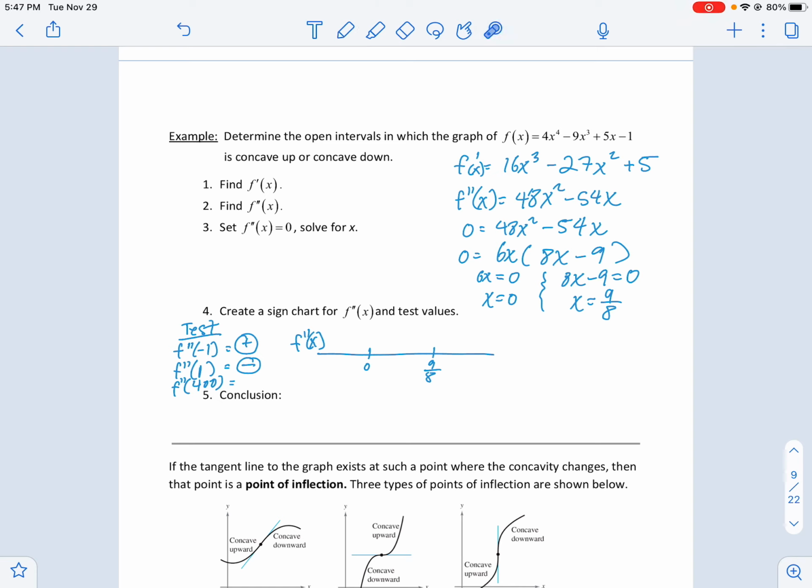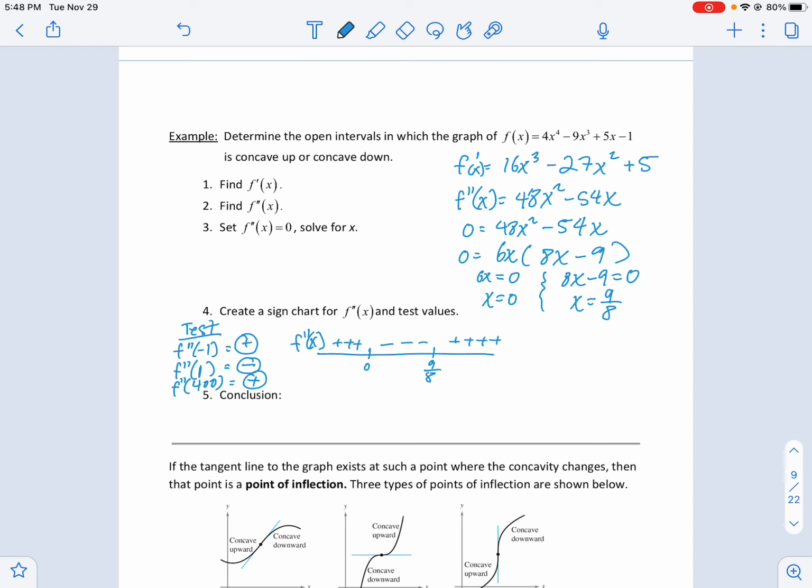It's very small. So it's going to be a positive number when I plug in 400. So put those values into my chart, and let's see what happens. I have the first interval as a positive interval, changing into a negative interval, and then changing back into a positive interval.